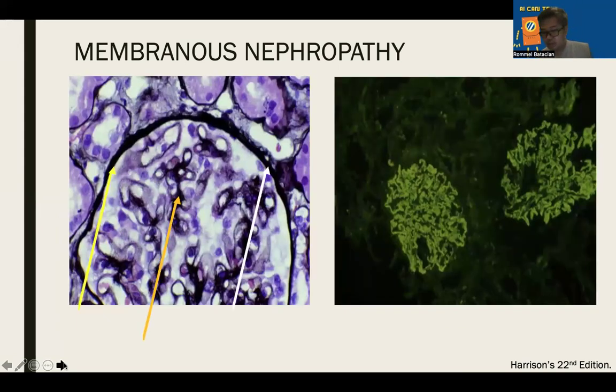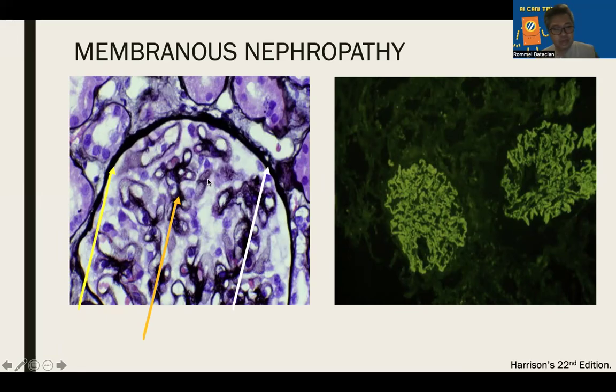So, as you can see here, dun sa light microscopy, ito yung Jones-Silver. So you can see there is thickening now of the membrane and the capillaries as well. Ayan. So there, itong orange line would show the capillary walls thickened. Dapat medyo mas thin.